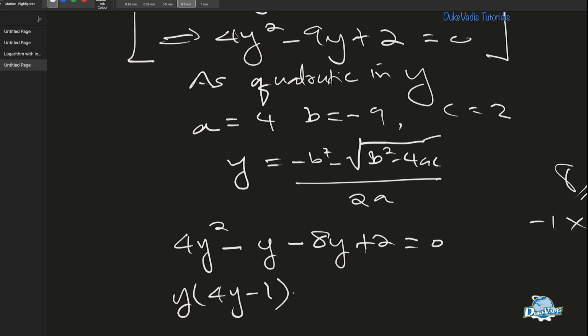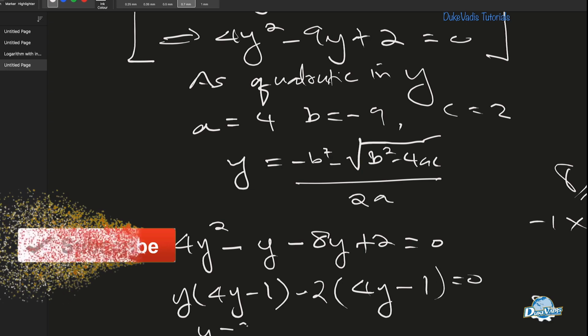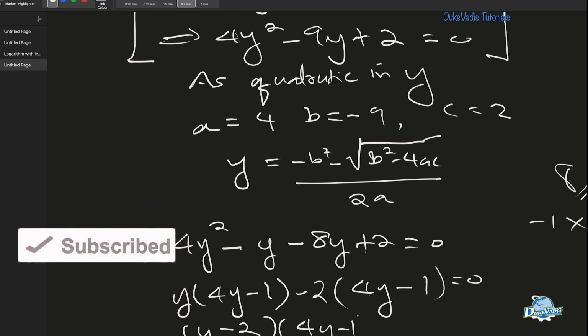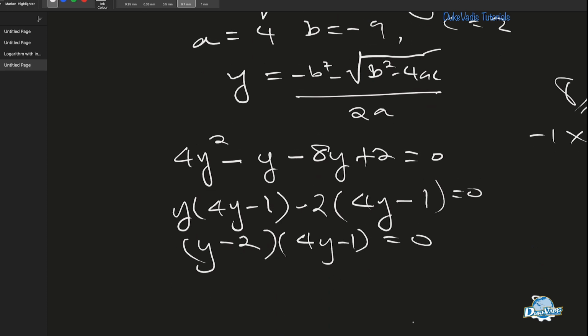In the same way, here, if I bring 2 out, I'm going to get 4y minus 1. This equals 0. So y minus 2 into bracket, finally, 4y minus 1 equals 0. Okay? Then it implies that our y is equal to 2 and y is equal to 1 over 4.